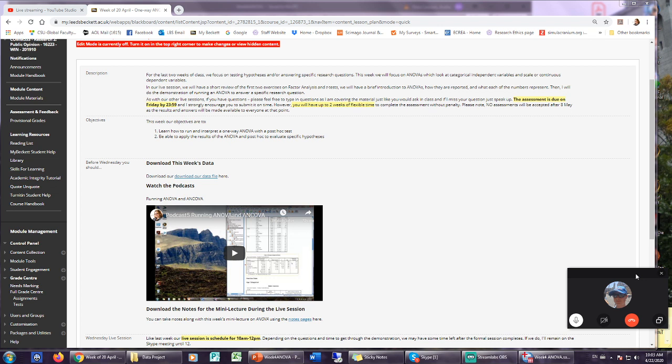For the last couple weeks of class, we're going to be focusing on probably the two primary tests that let us answer research questions and test hypotheses in quantitative research methods. That's ANOVA and regression. This week we're focusing on ANOVA, which looks at categorical independent variables.